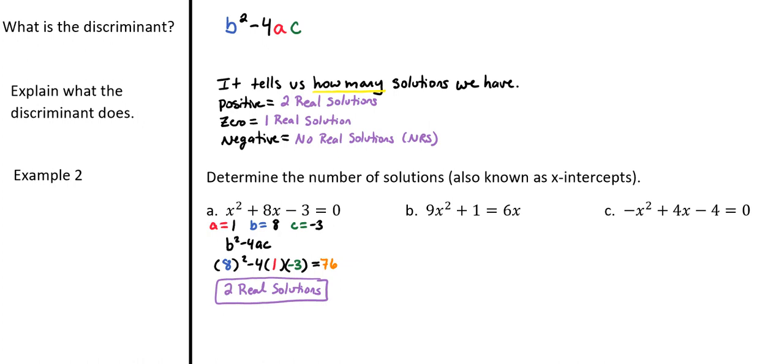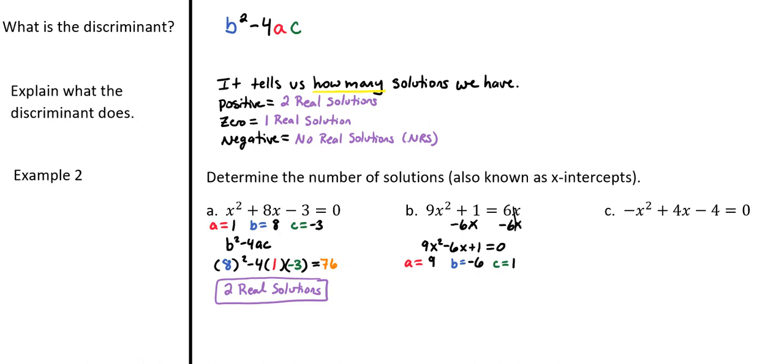Letter B is 9x squared plus 1 equals 6x. Well, we need everything to be on the same side, so we're going to go ahead and subtract our 6x over, which is going to give us a 9x squared minus 6x plus 1 equals 0. So we're now ready to find our a, b, and c values. So we have an a value of 9, a b value of negative 6, and a c value of 1.